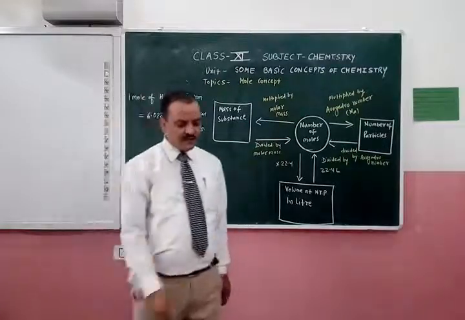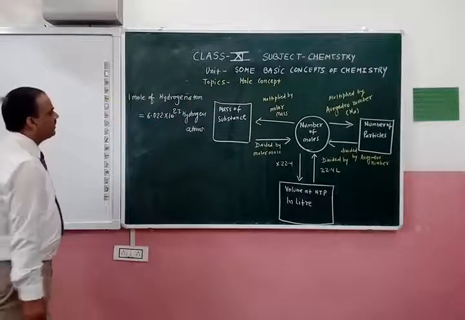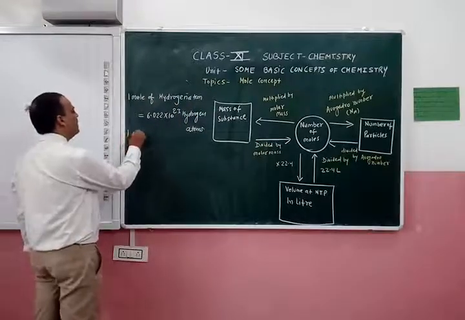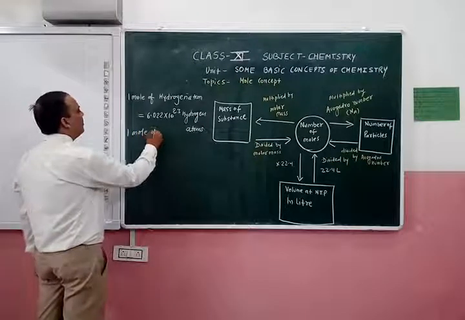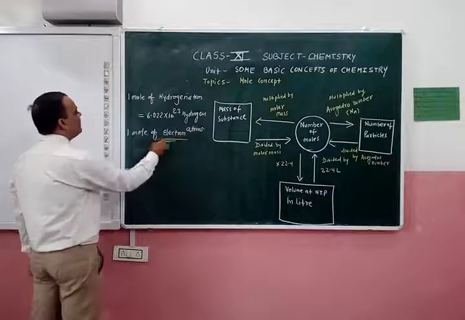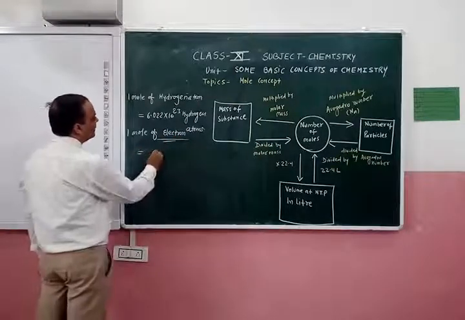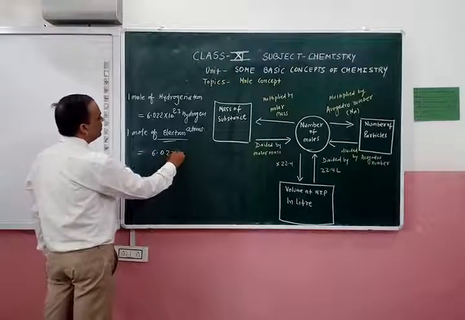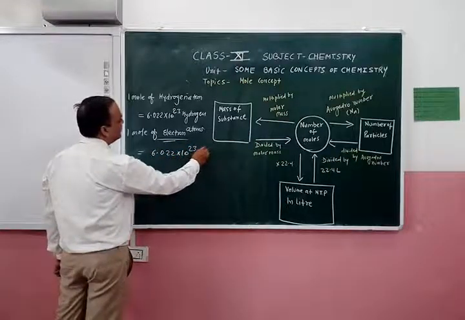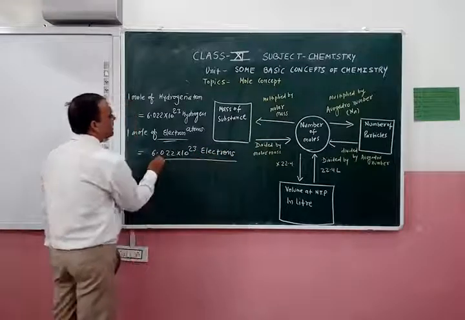And similarly for anything, like 1 mole of electrons. What is the meaning of this? 1 mole of electrons has 6.022 into 10 raised to power 23 electrons present in it.